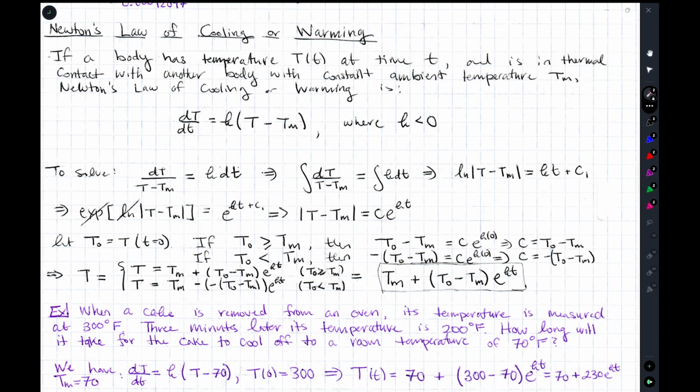So how do we solve this? We could solve this using separation of variables again. And we just crank through the algebra after integrating. We have this absolute value, so you got to be careful around these absolute values when you integrate.